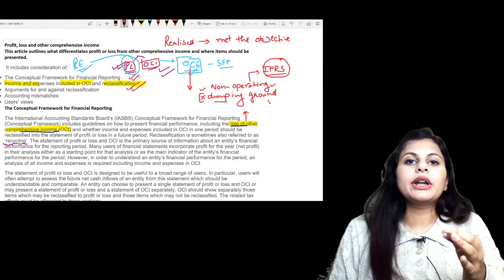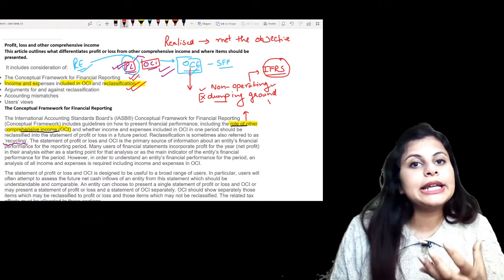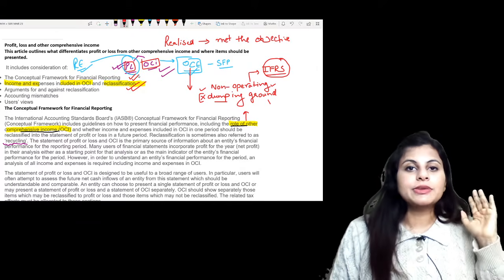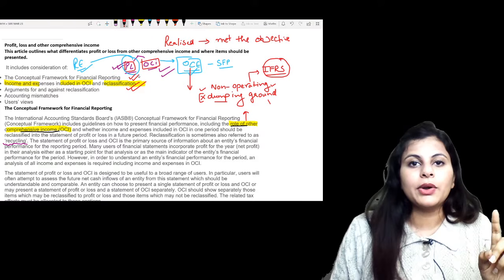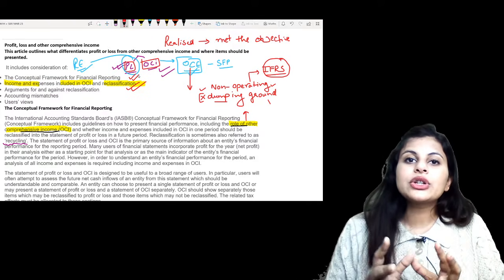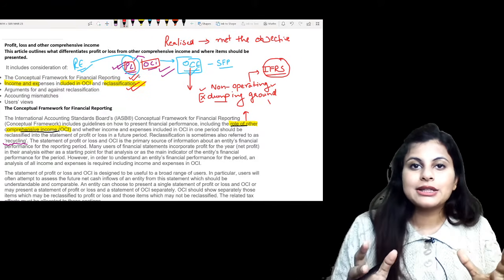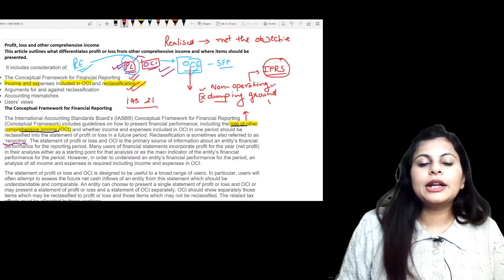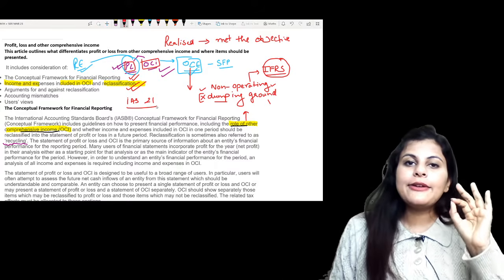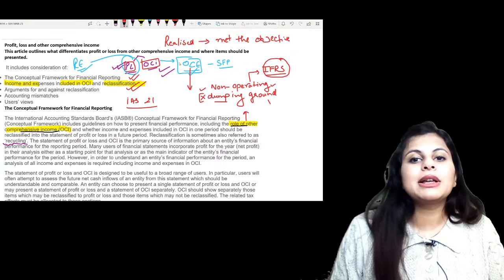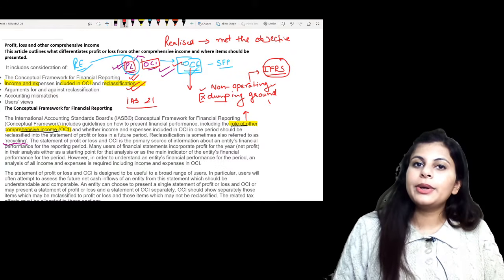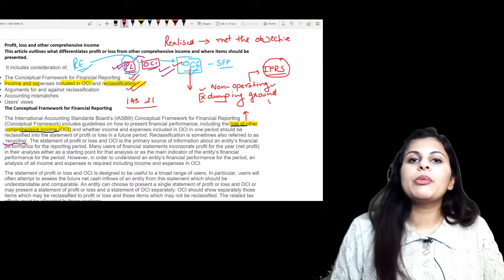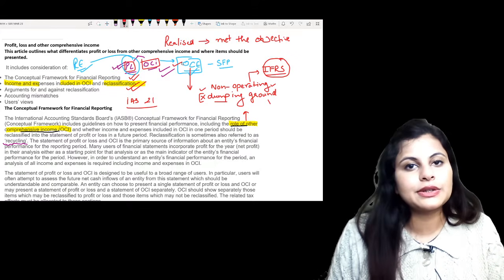The forex gain or retranslation gain that you make when you have a foreign subsidiary, IAS 21 I'm talking about. So there your retranslation reserve is kept under other comprehensive income. All of you remember IAS 21? It goes through OCI. If it went through OCI, it must have gone to other components of equity. It's there in other components of equity as retranslation reserve.